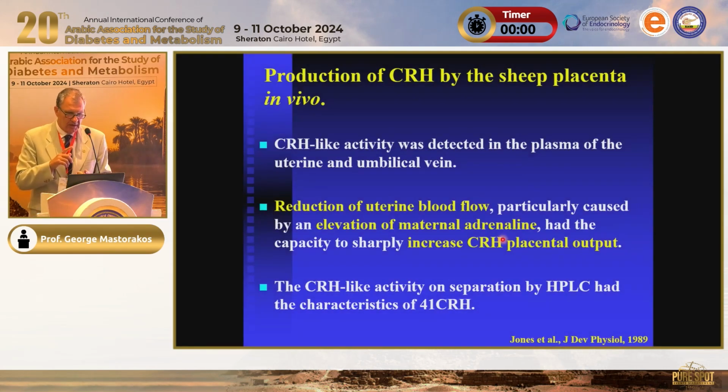So how does this happen? Because the mother is getting anxious in her brain, but there is no neural connection between the brain of the mother with the placenta. And what did we find? We found that many years ago, in 1989, in studies in sheep, CRH-like activity was detected in the plasma of the uterine and umbilical vein, and when these sheep were stressed, there was reduction of uterine blood flow, elevation of maternal adrenaline, and increase of CRH placental output.